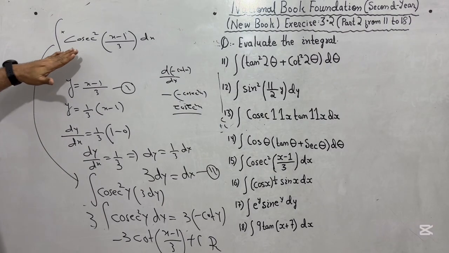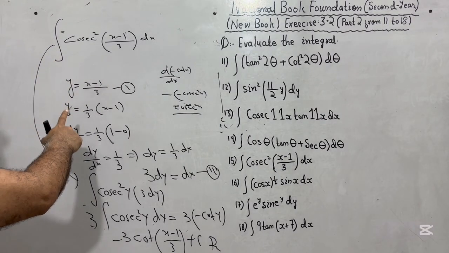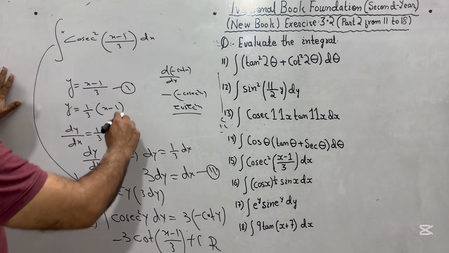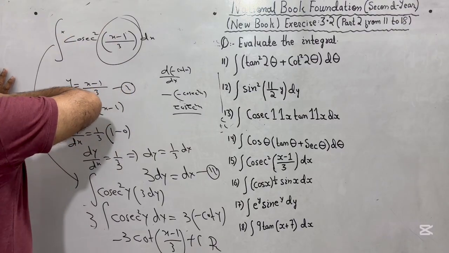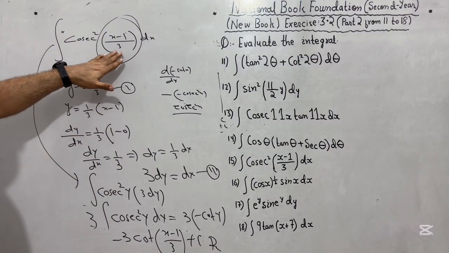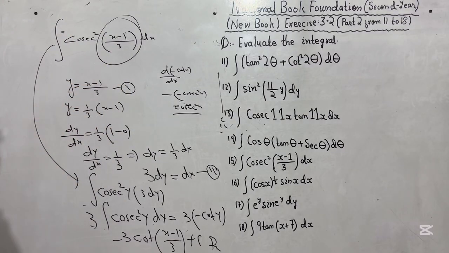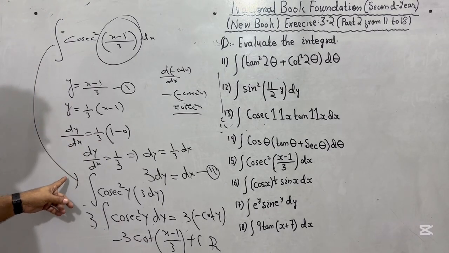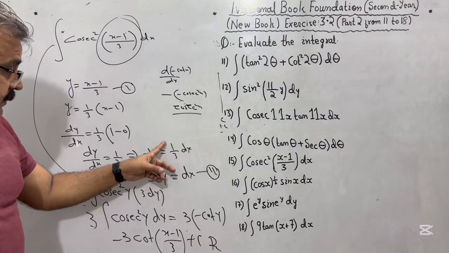Look at this. Cosec square is the differentiation of negative cot. We have reconciled the issue of the angle. The angle is not a simple one. Suppose the angle is y equal to x minus 1 over 3. Differentiate: dy over dx is equal to 1 over 3 times 1. Solve for dy: dy is equal to 1 over 3 dx.